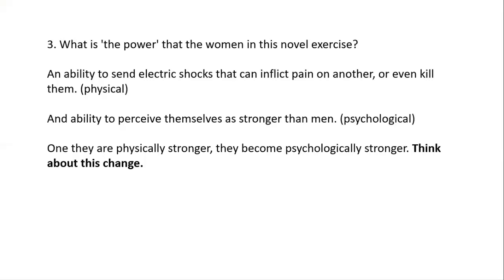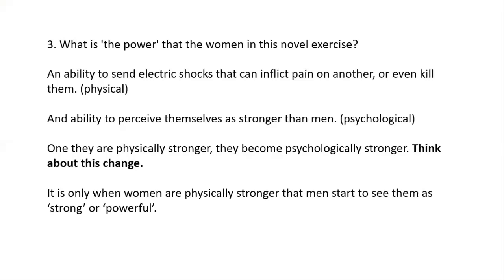And this is where the biological component of power dynamics comes into play. It is only when women are physically stronger that men start to see them as strong or powerful.